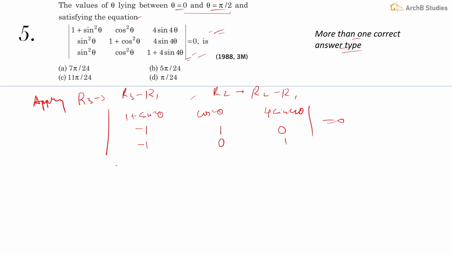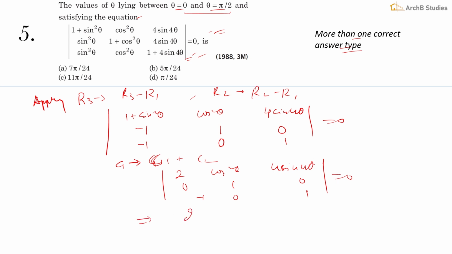Now applying c1 as c1 plus c2, we will get 2 cos square theta, 4 sin 4 theta, 0 1 0, minus 0 1 0 1 equal to 0.